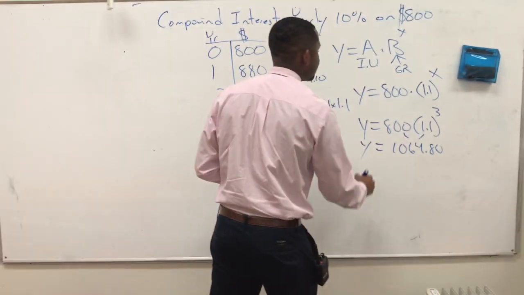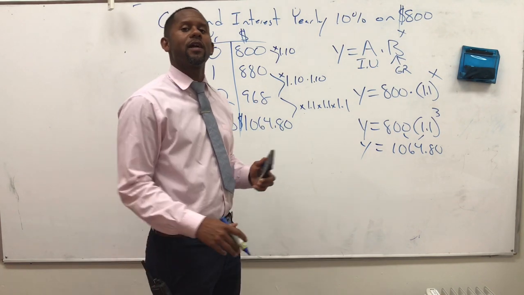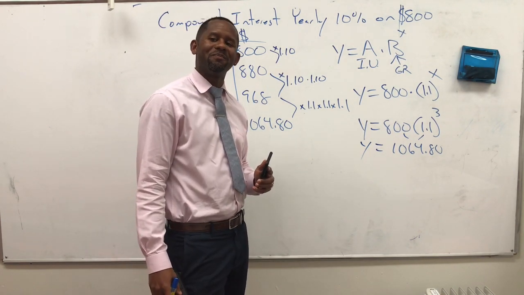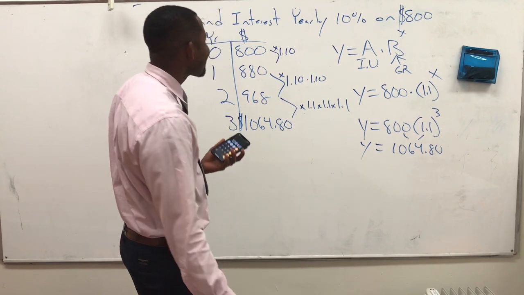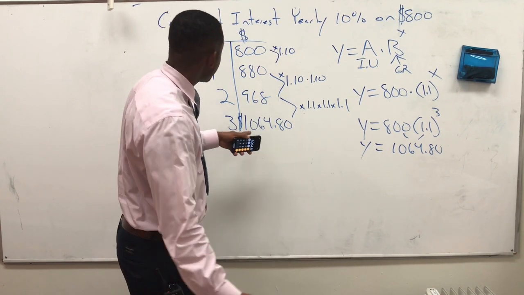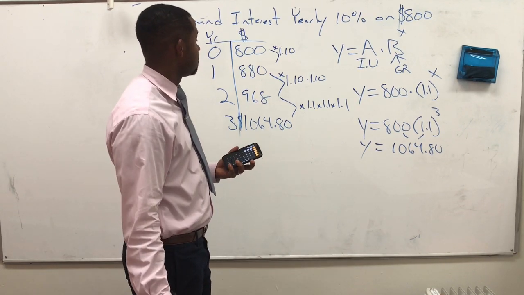I did this in my calculator. I saw that it worked. I'm pretty convinced this is the right equation. Pretty cool, huh, Miriam? Alright. I've made more money on this one after year 3 than the last one.